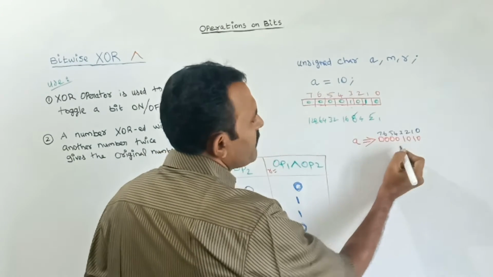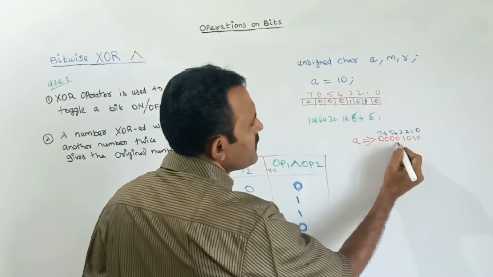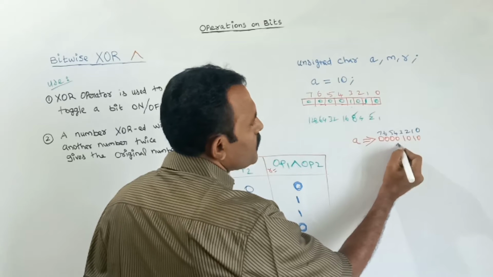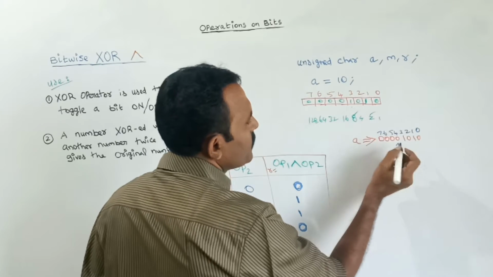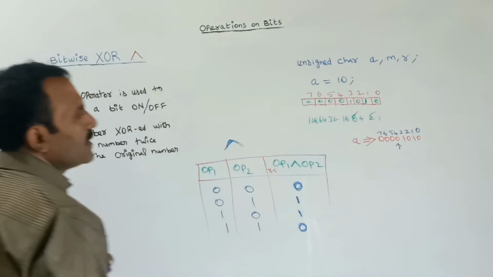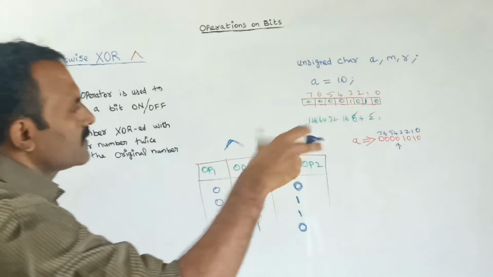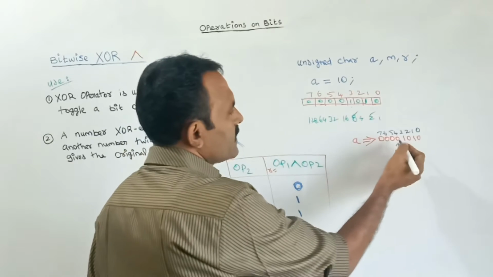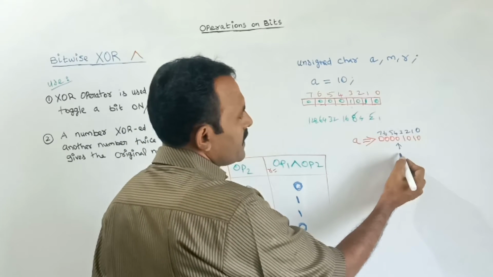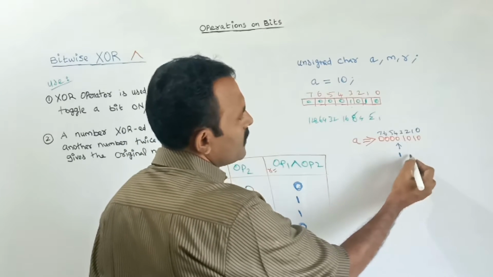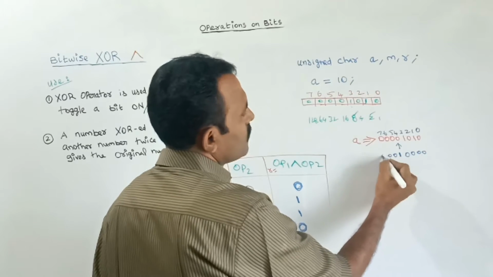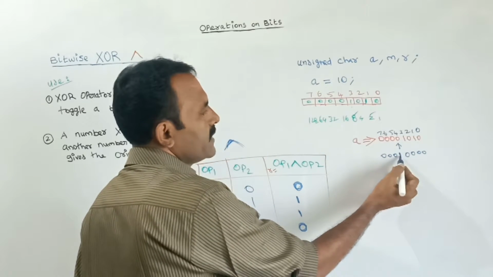If I want to change the 4th position bit value, then by help of the XOR operator I can change or toggle it. For example, I create a mask value with 1 at the fourth position.